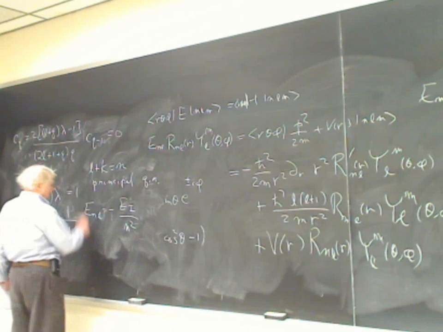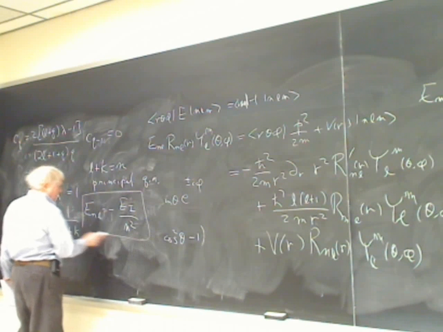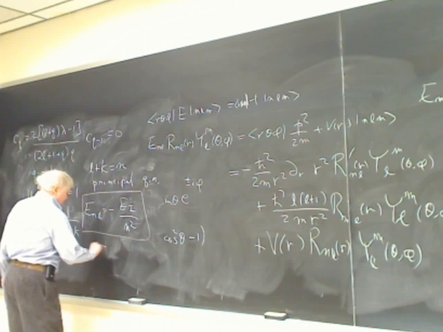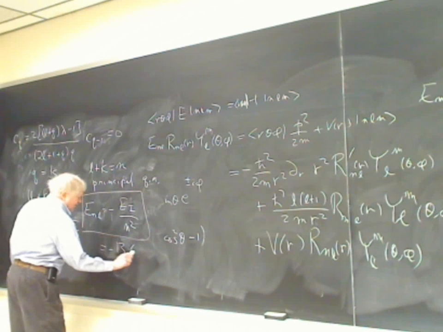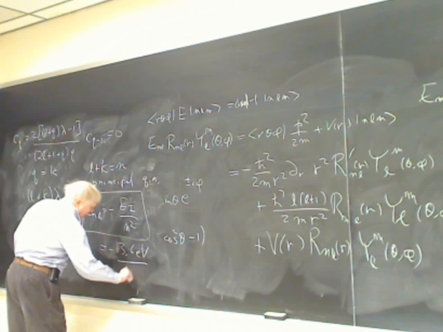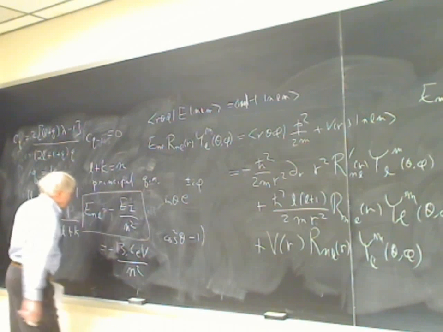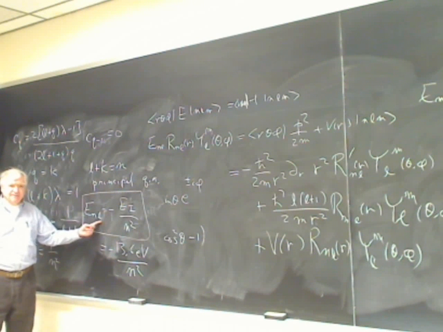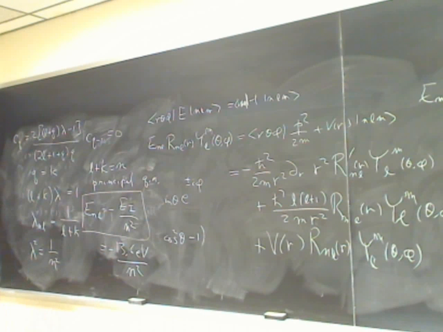So it's minus E_I over n squared, this thing being 13.6, so this is minus 13.6 eV over n squared. And as foretold, because of the hidden symmetry, it doesn't depend upon l. Because of the rotational invariance, it doesn't depend upon m. Okay, so that basically is that.